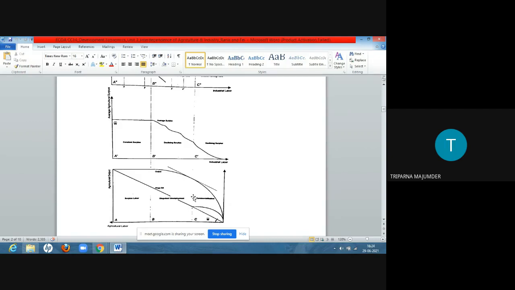Now we begin with this lowest panel. In the lowest panel, a typical agricultural production function is drawn. This is our typical production function. The production function levels off and there is a phase of surplus labor here.